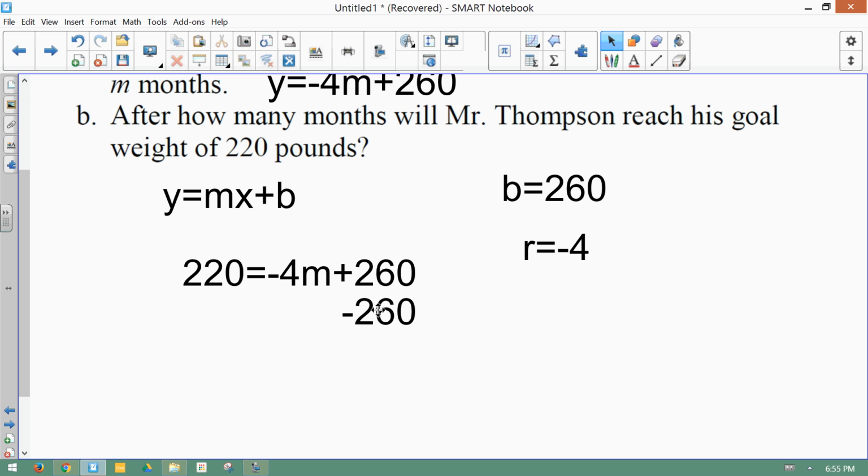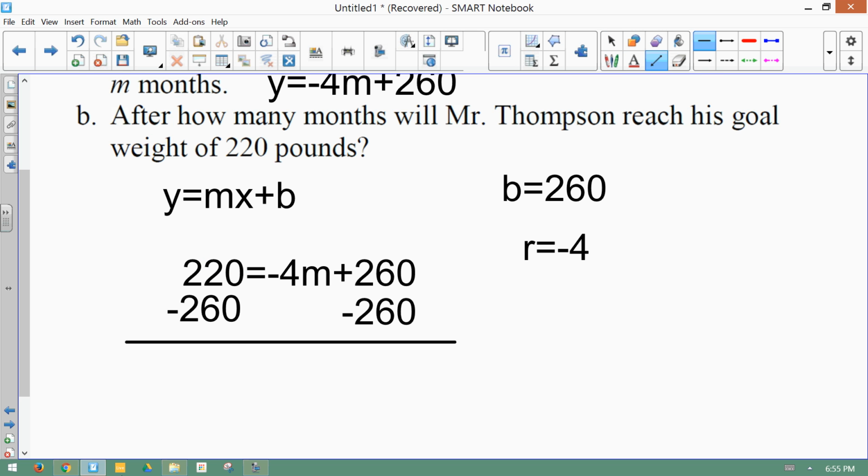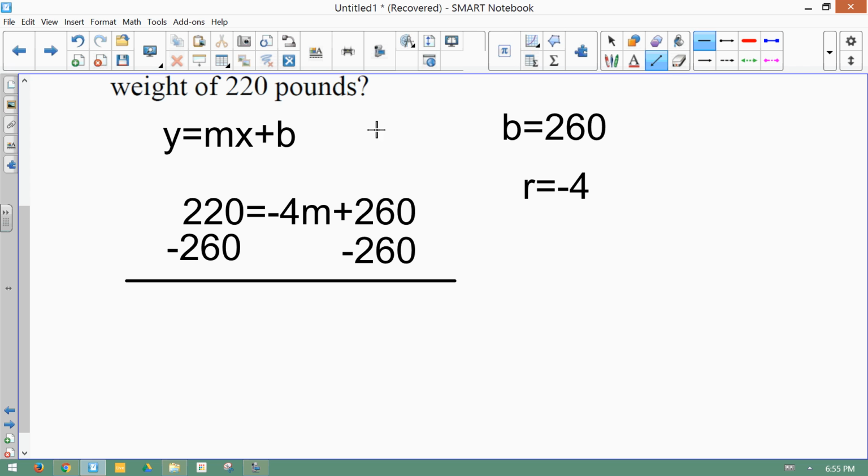That's going to give me -40 on this side, and this is gone.